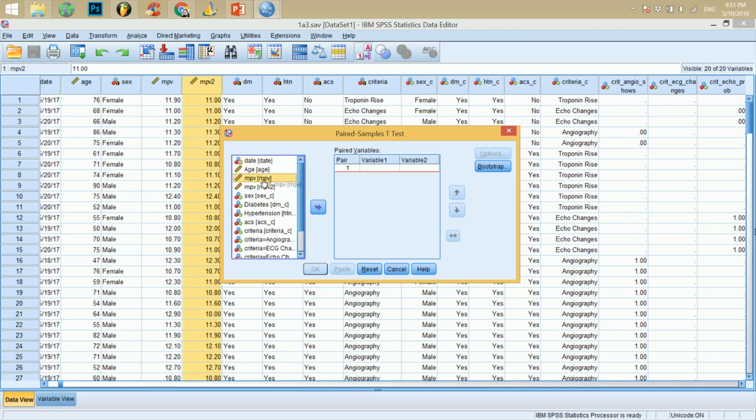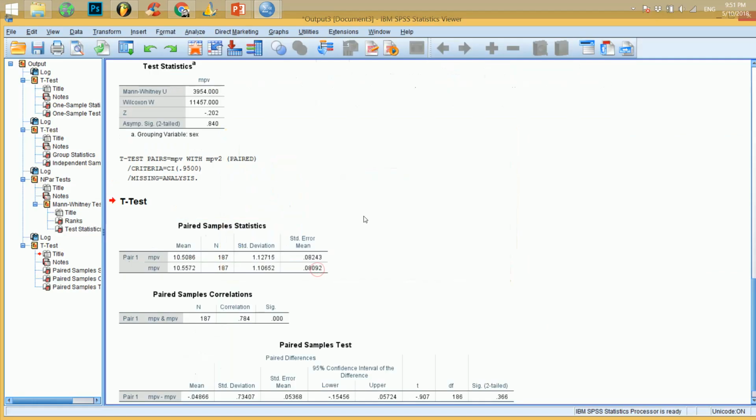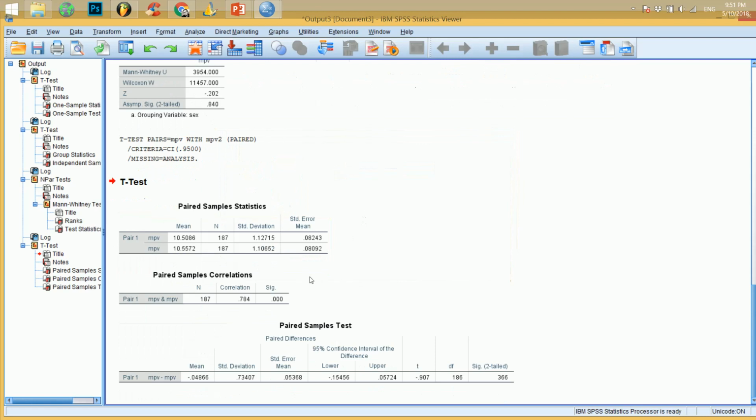So from here we need to just choose the first variable and then the second variable. The first one will be at time 0, the second one will be after 2 hours, and then we need to select OK. So again, it gives us three tables in this case. The first one is basically the mean statistics, and then some of the correlations.